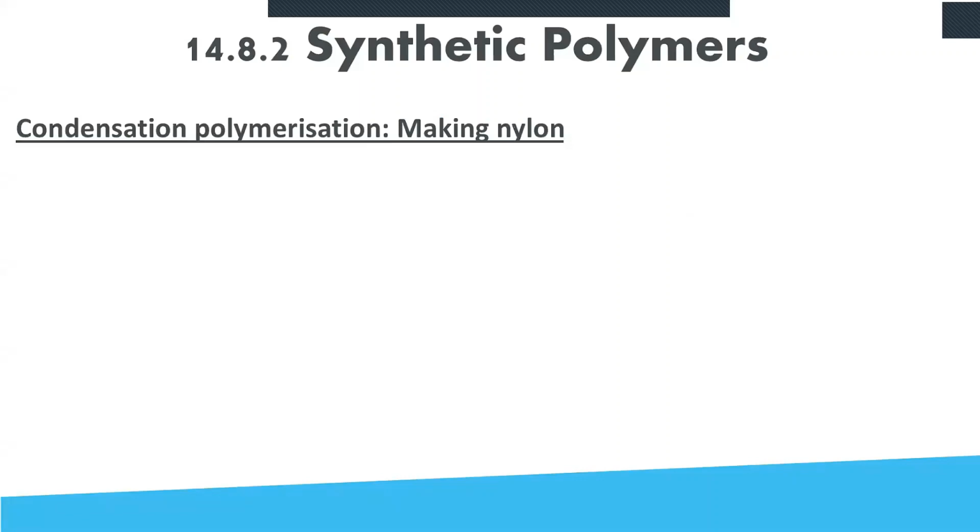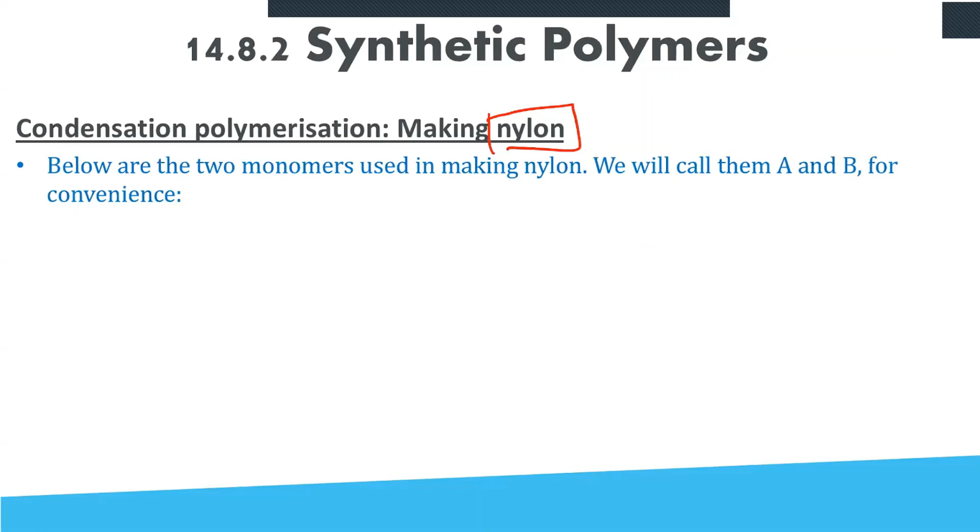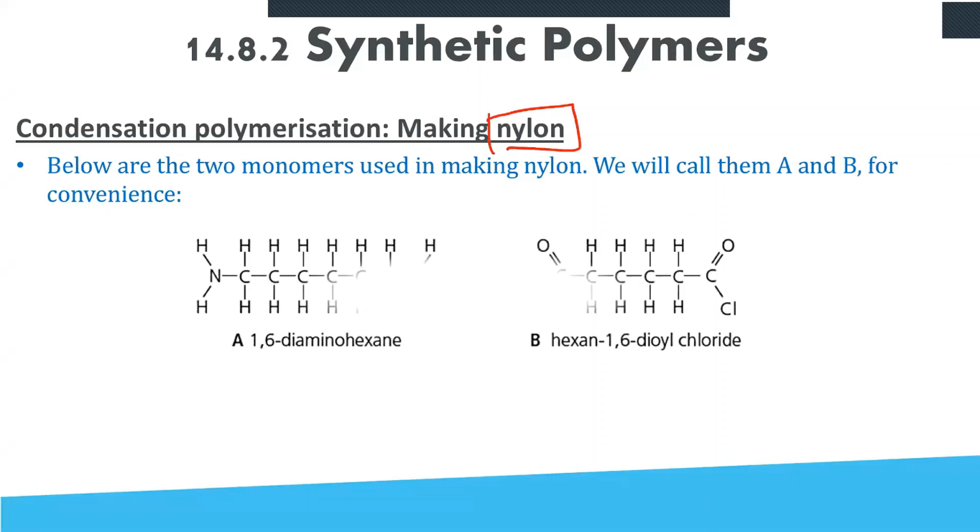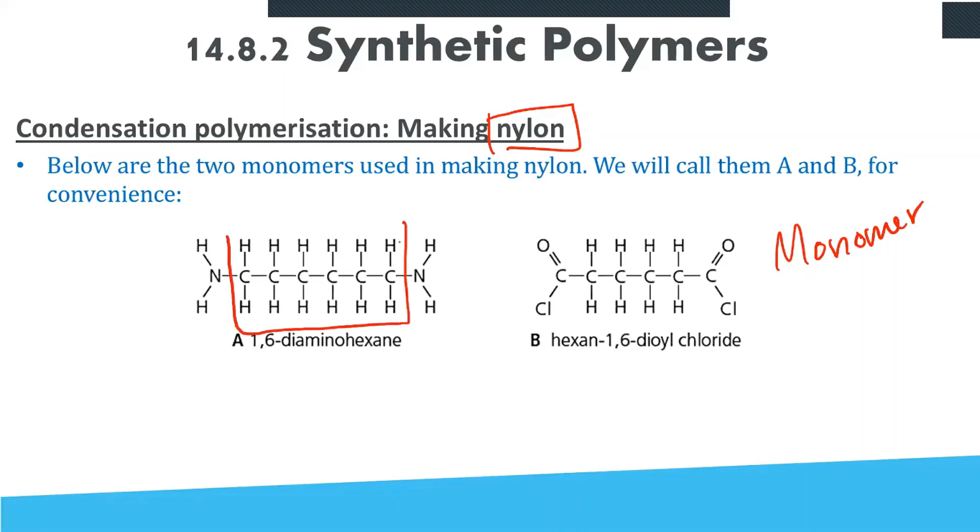Let's take a look at nylon, how nylon is formed. When we talk about nylon, we have to know first about the monomers. Just by looking at the structure, you might feel it's scary, right? But this part is not important.